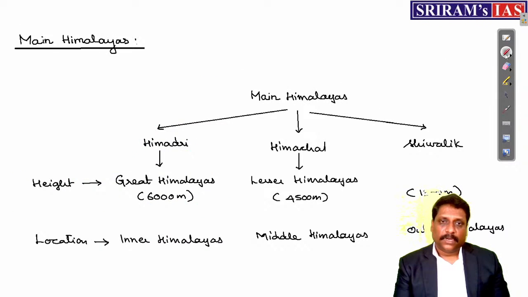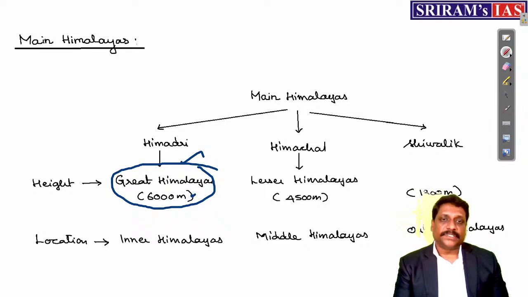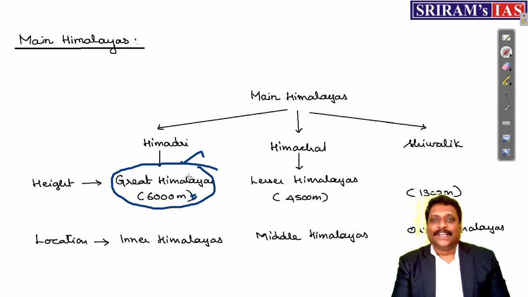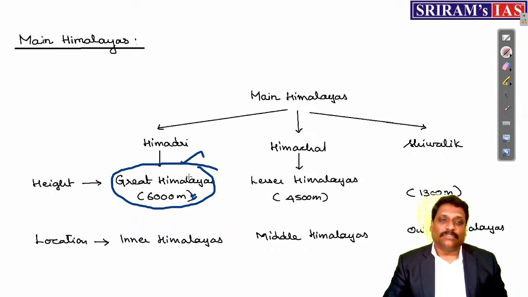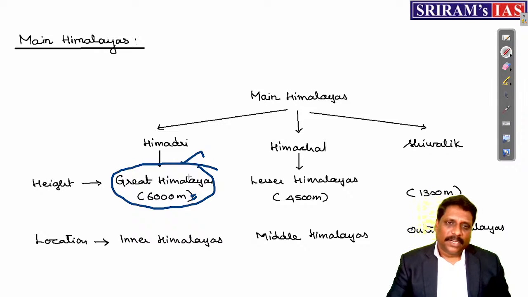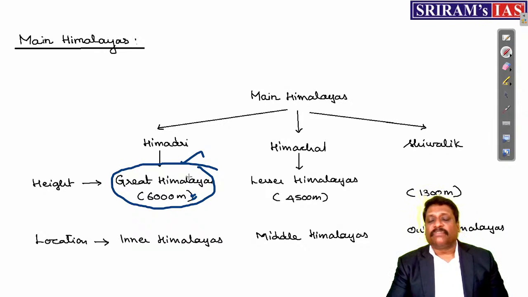You remember? Great Himalayas at 6,000 meters means nearly 4 times that of the Western Ghats. Nearly 4 times larger a mountain than the Western Ghats. Okay. Right, my dear friends.